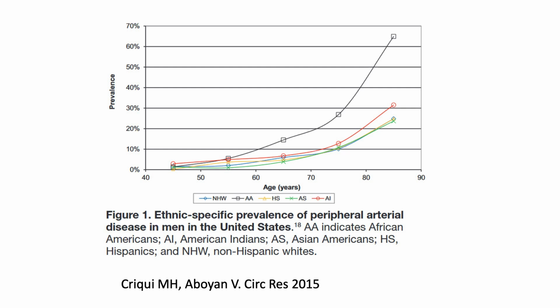So what about the prevalence? We haven't got a prevalence in Asia, and certainly not in Malaysia, on peripheral artery disease. But based on the American data, at the age of 70, if you're African American, about 20% of people have peripheral artery disease, which is 1 in 5.